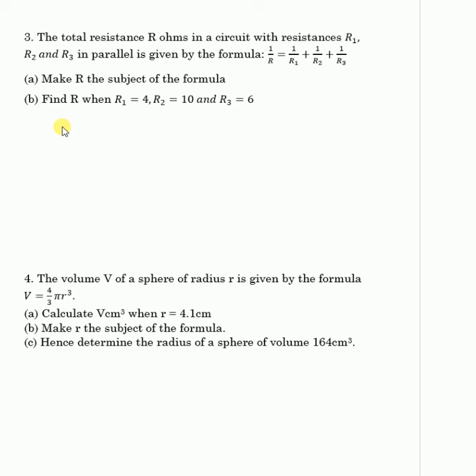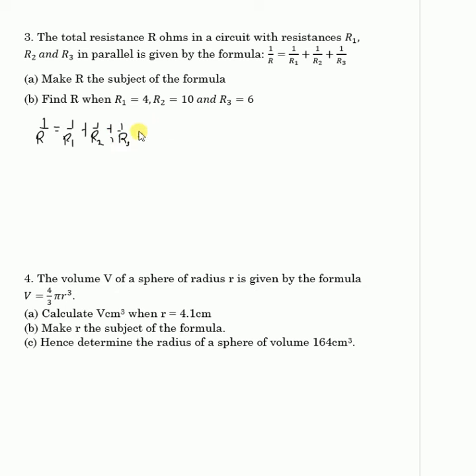Straight away we can make R the subject, and after making R the subject we can get the value of R from the given values. So we have that 1 over R is equal to 1 over R1 plus 1 over R2 plus 1 over R3.